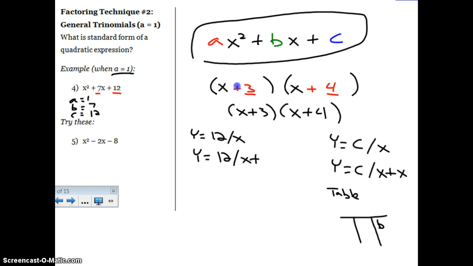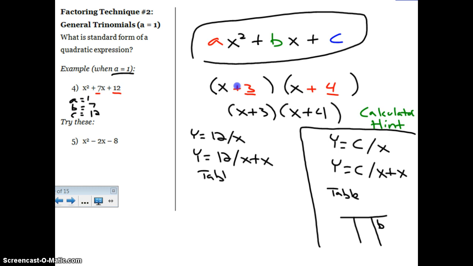Here's what I would write down. This general rule, okay? And let's call it calculator hint. So just to recap, we did y equals, and then y equals 12 over x plus x. So then we went to the table, and we looked for the b value, which in our case was 7 in the far right column.